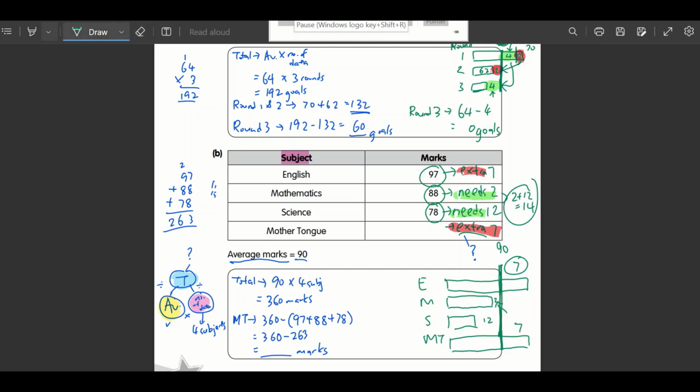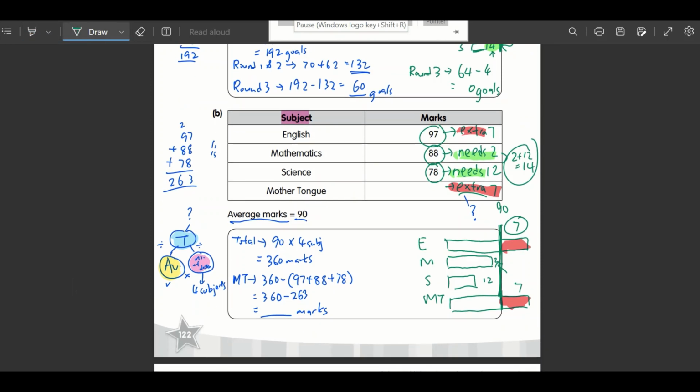You realize that Maths extra 7 and Mother Tongue extra 7 gives a total of 14. It can help to fill in the gaps of Maths and Science, Maths needing 2 and Science needing 12. So that balances up. So my last bit here, Mother Tongue, actually got 90 and extra of 7, 97 marks.